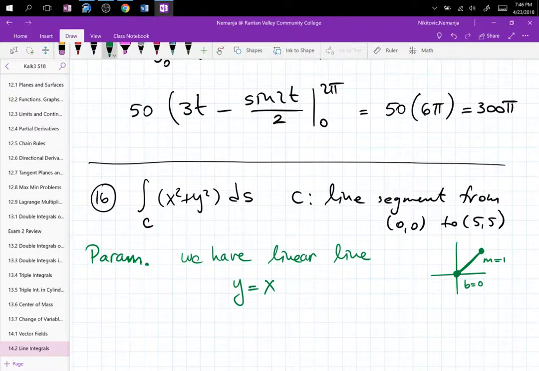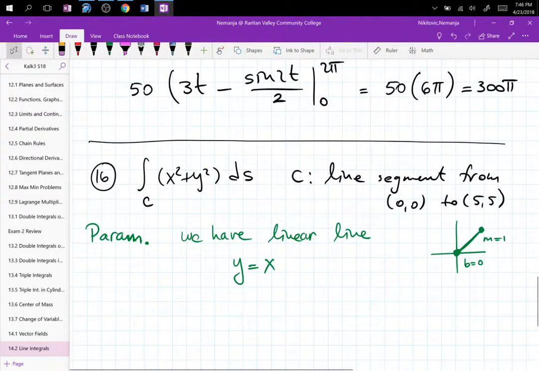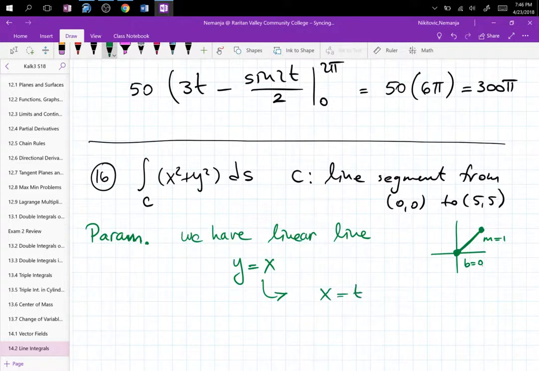Now, I have to parametrize this, and one of the tricks to parametrize is to set one of the variables equal to t. So we start with x equals t, but because x is equal to y, then also y is equal to t. And if you are looking at this, this is infinite.